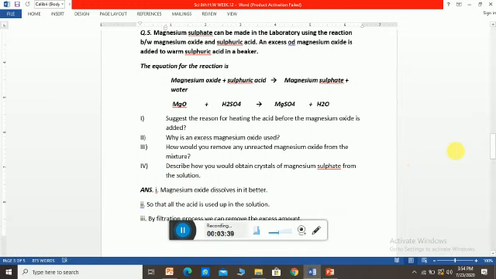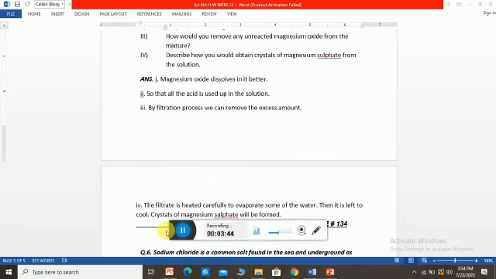And at last, the fourth part: describe how you would obtain the crystals of magnesium sulfate from the solution. This is actually the fourth step of the reaction. The filtrate, after the filtration in which we removed the excess amount, will be carefully heated to evaporate the water from that solution.